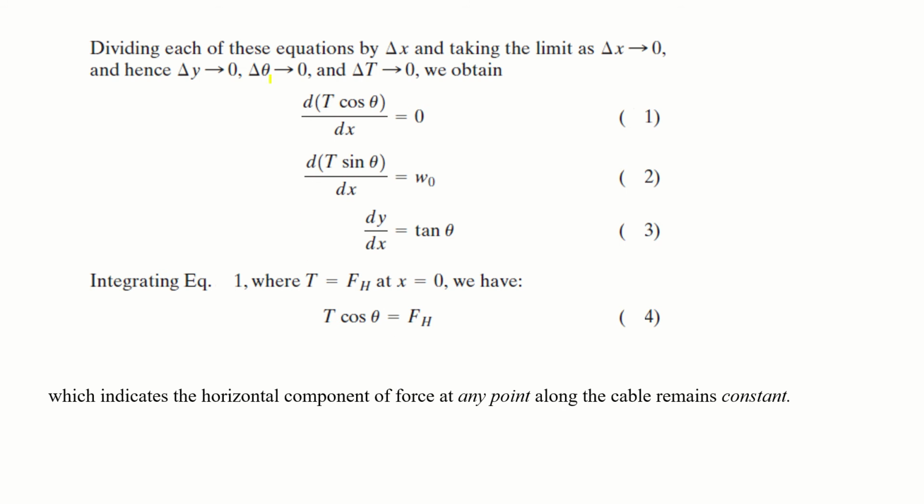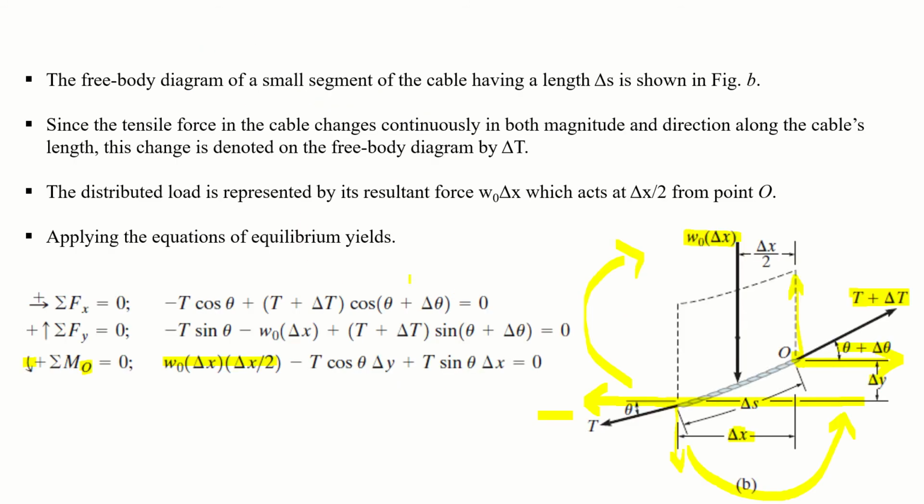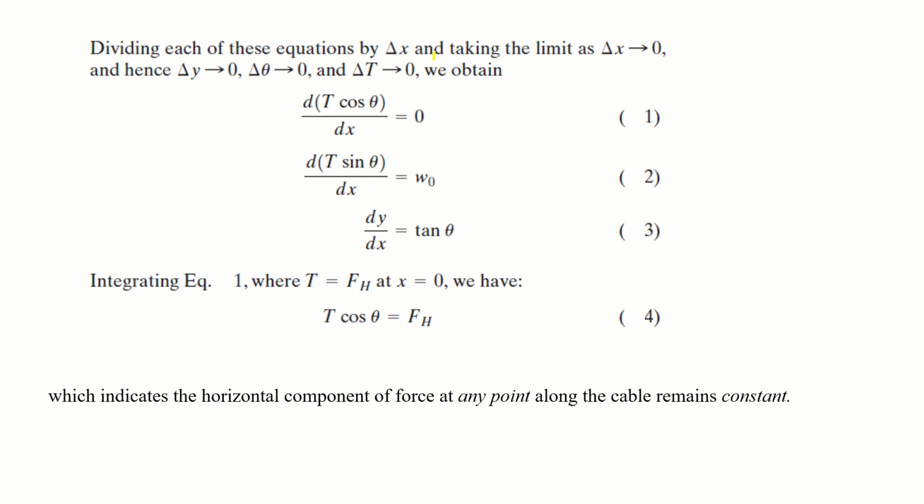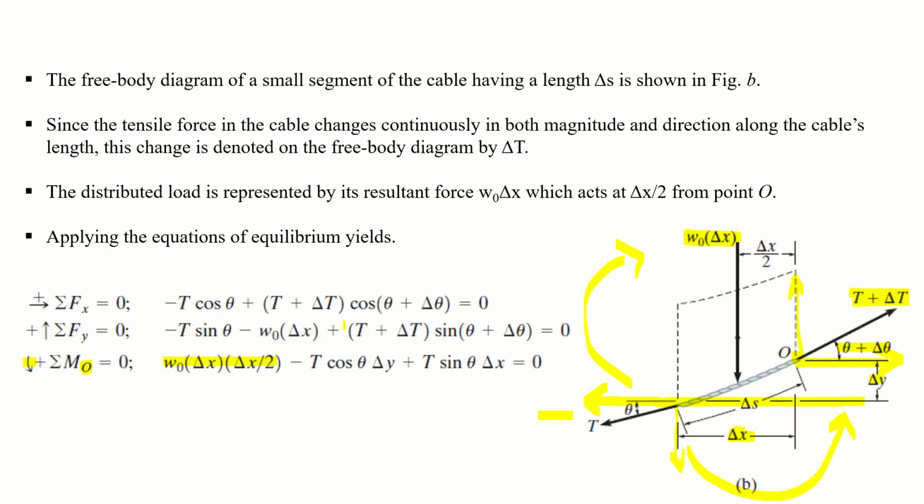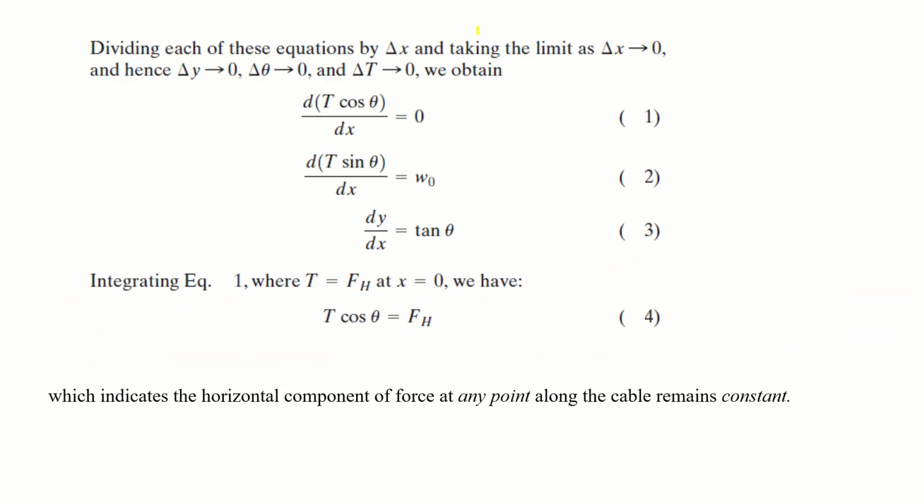Now divide each of these three equations by delta x, and take the limit as delta x approaches 0. It means that delta x is very, very small.